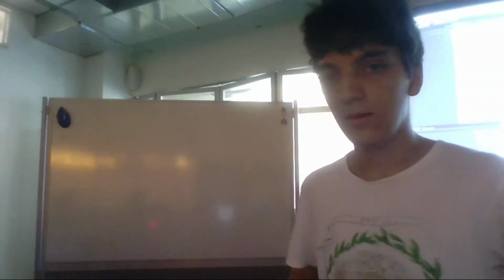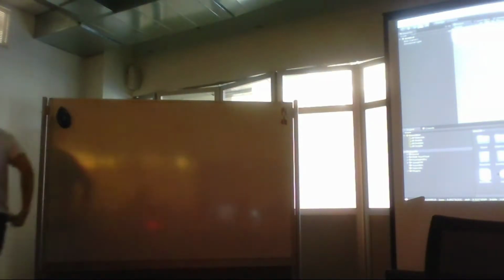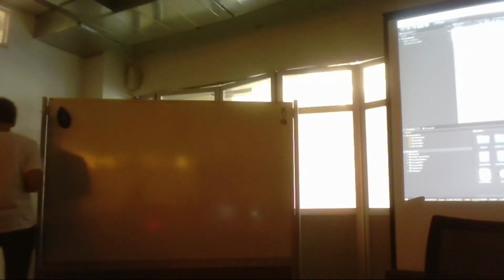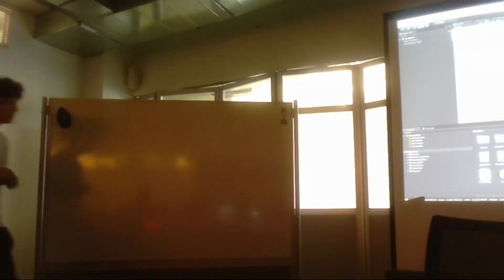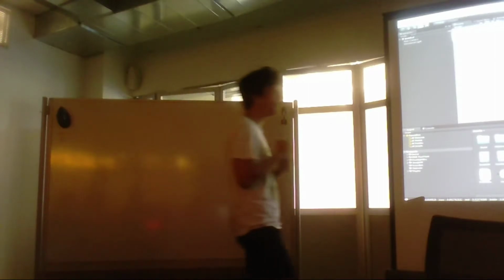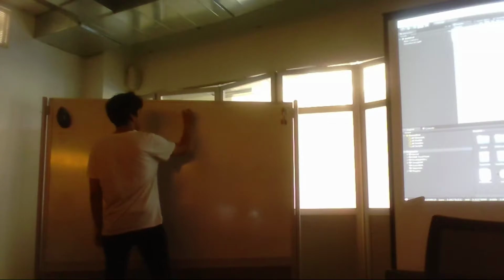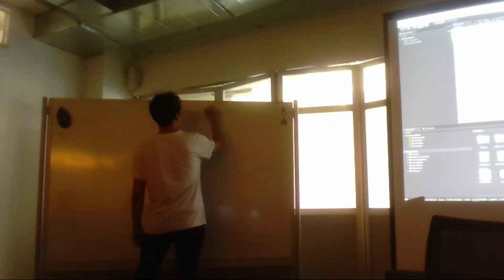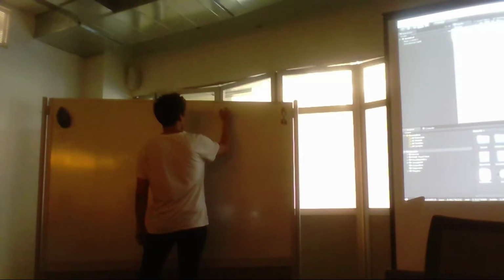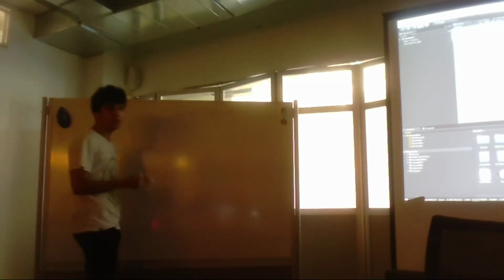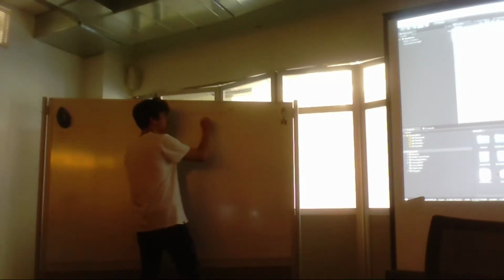So I'm going to do a little whiteboard thing right here. Remember how every object in Unity is a game object, and every game object has these things called components.